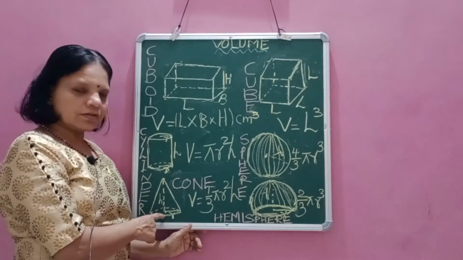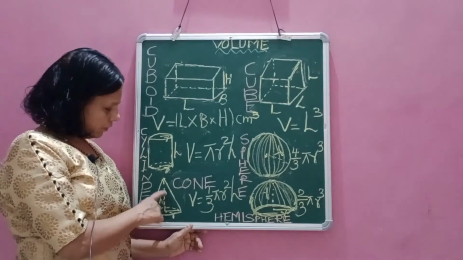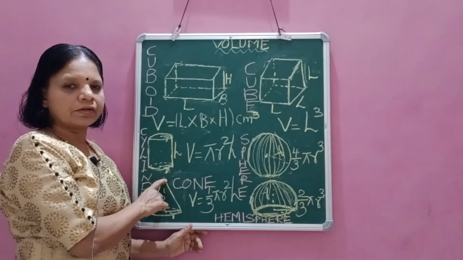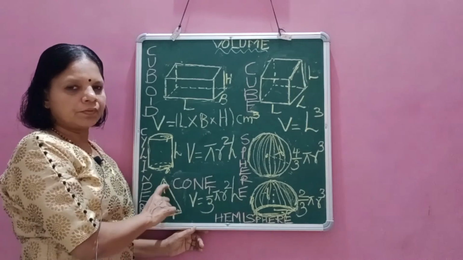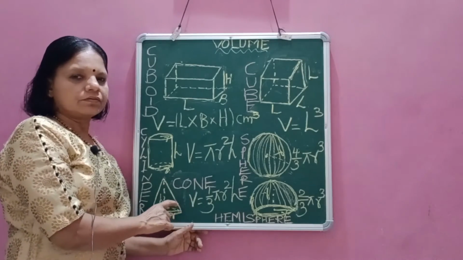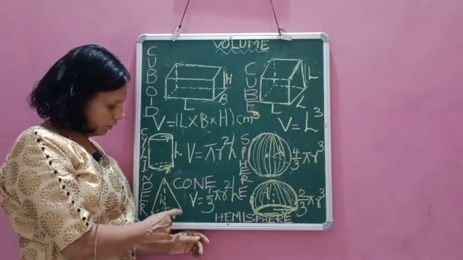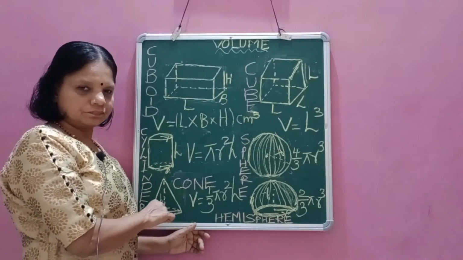The lower face is circular. Clear? And no upper face. When the upper face of the cylinder is pointed, then it becomes a cone. So only lower face, that is circular, and the curved face.